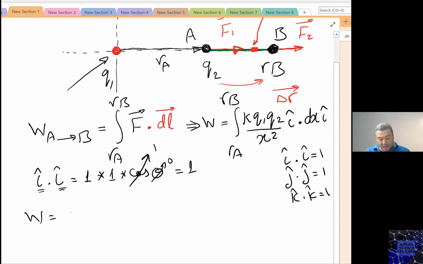So my work here, W, is K, which goes outside as a constant, Q1 constant, Q2 constant, integral from RA to RB of dx over x squared.